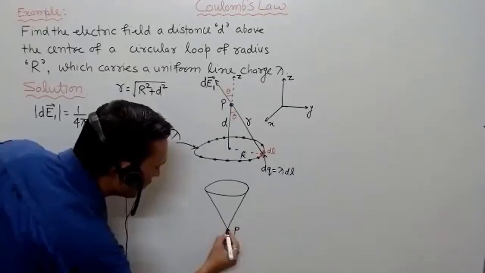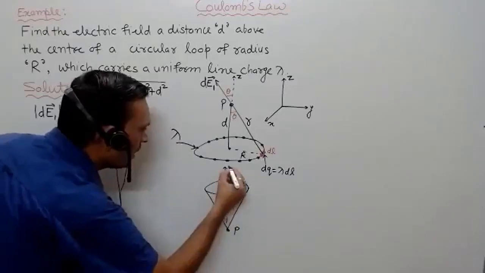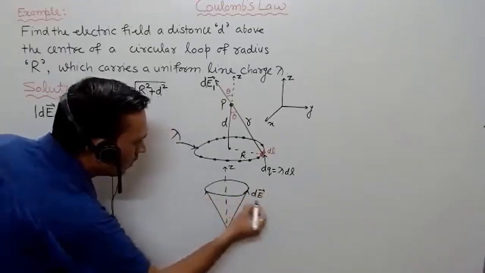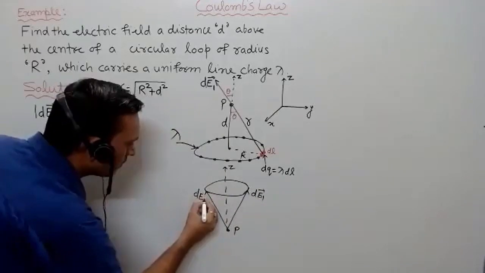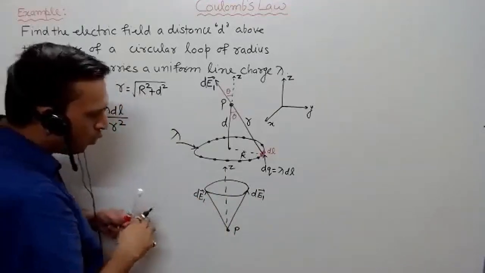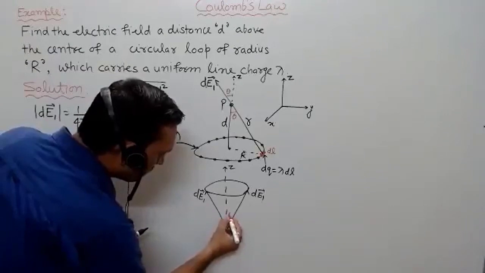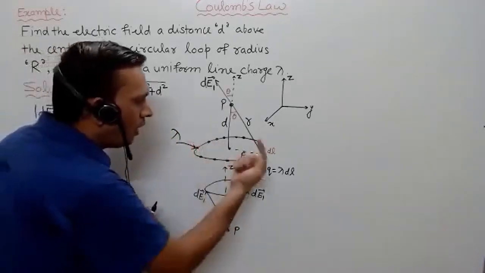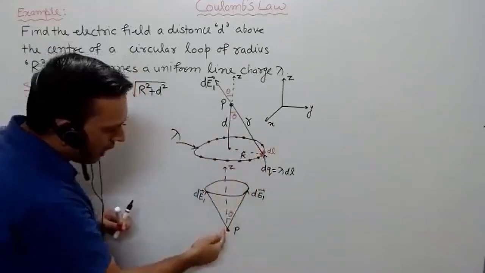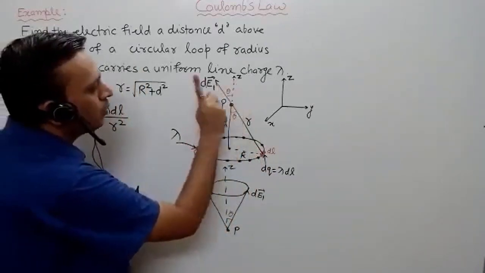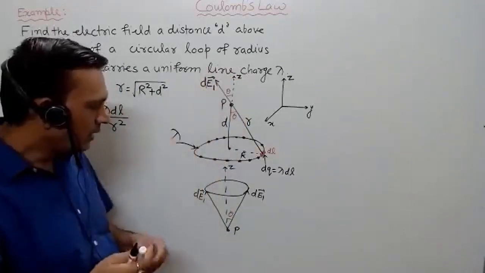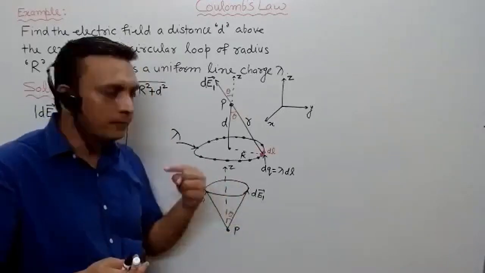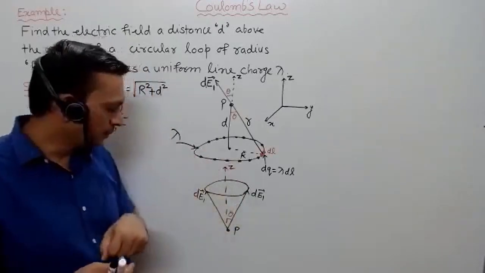This point is P, this is Z direction, dE1, dE1. So this is the cone of dE1. If you consider all elemental length over this ring around point P, you will get a cone of dE1. And then you have to find the resultant of this cone of dE1. That will give you the resultant field.